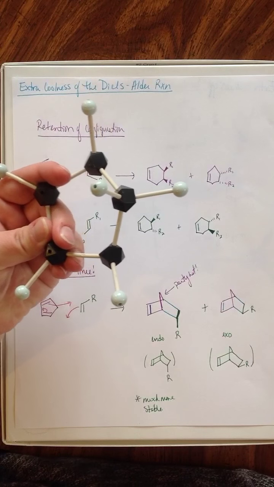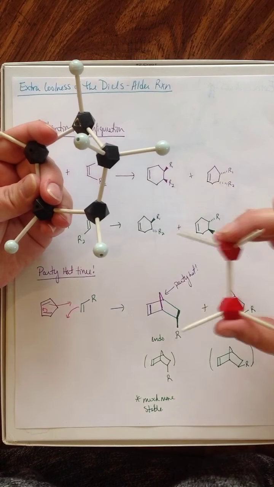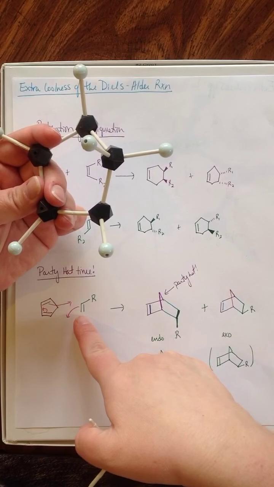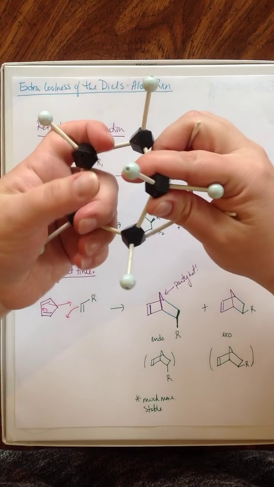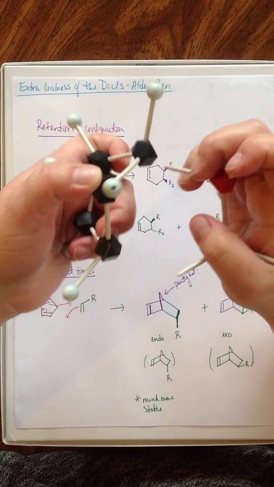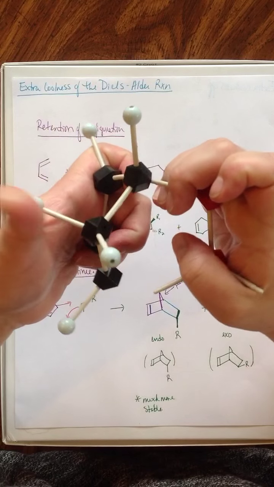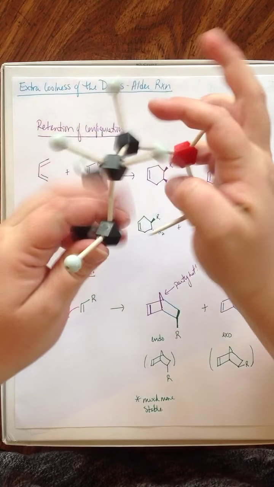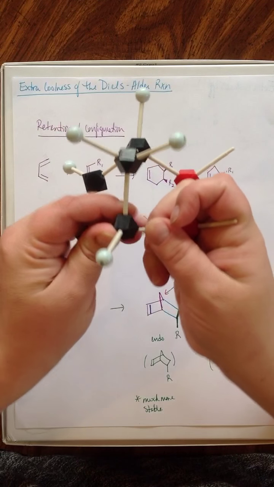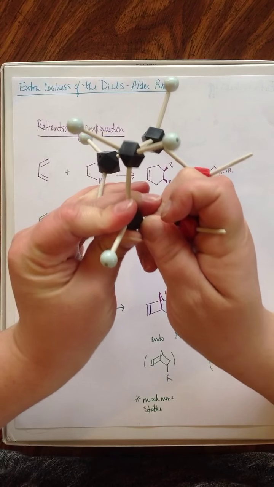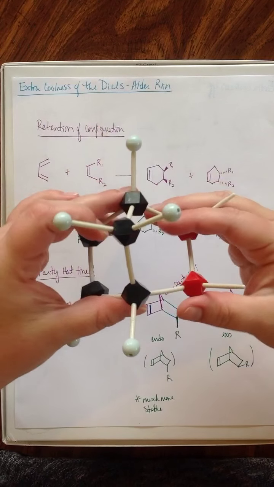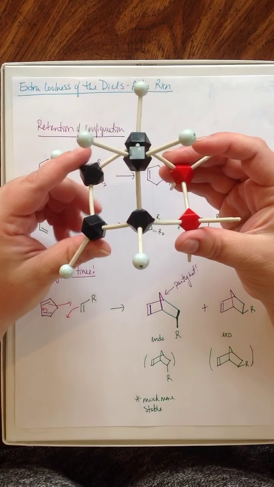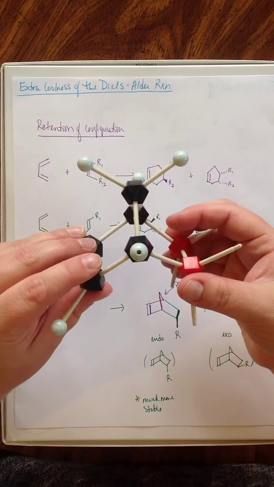And the reason why he shoots up is because here's what originally was my dienophile. I just want to show you what this looks like on a model. And yes, it's a little bit sterically hindered, okay? So here's what we've got.